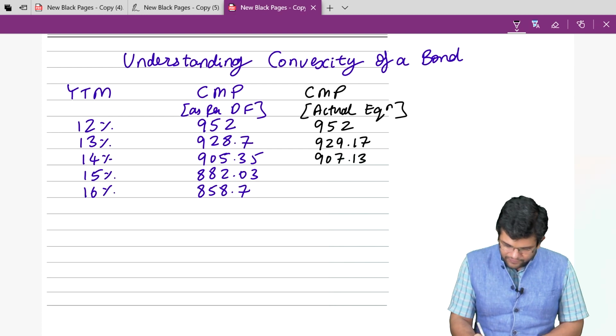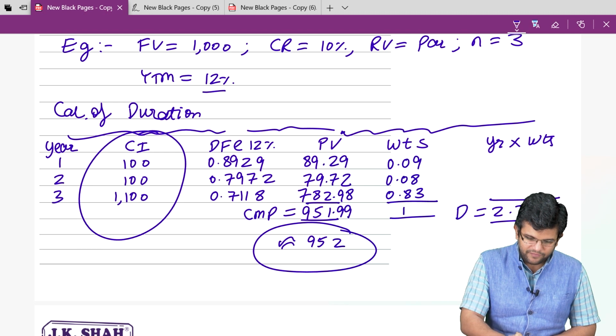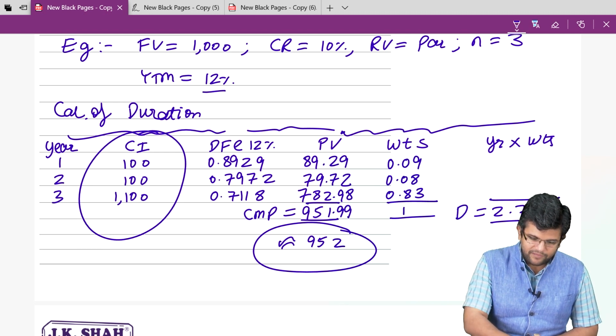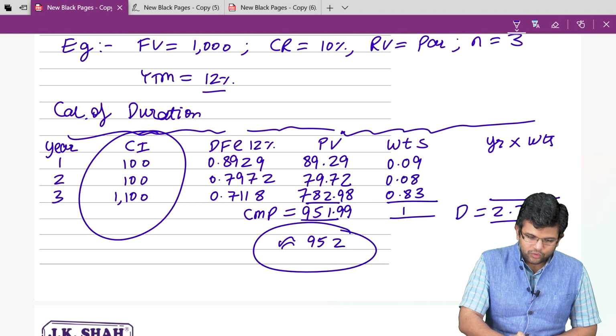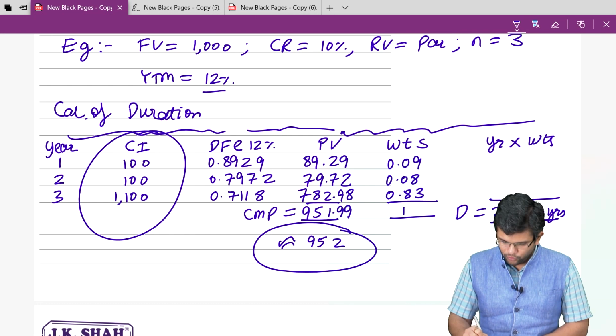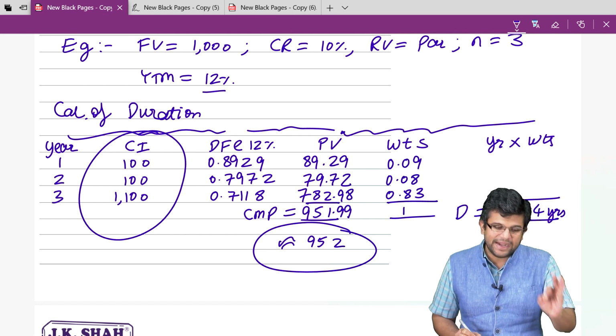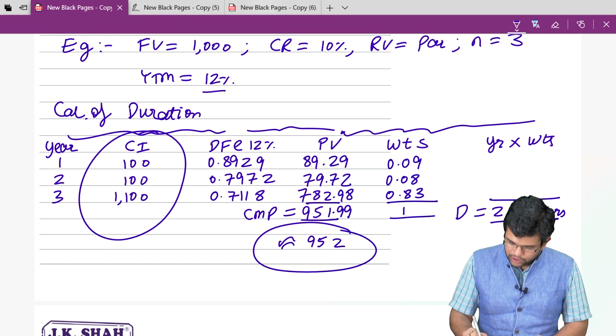Next, children, at 15%, let's do the discounting at 15%. 100 divided by 1.15, plus 100 divided by 1.15 squared, plus 1000 divided by 1.15 cubed equals 885.84. Sorry, it is 885.84. So I'll write down here 885.84.